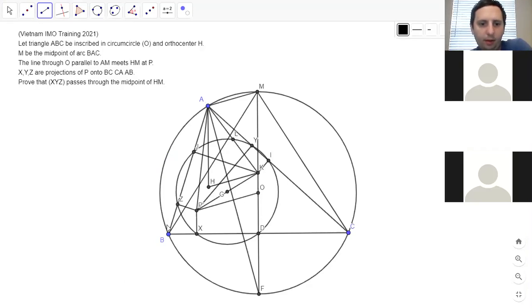Well, it means ABP prime is BMF, which is BAF.